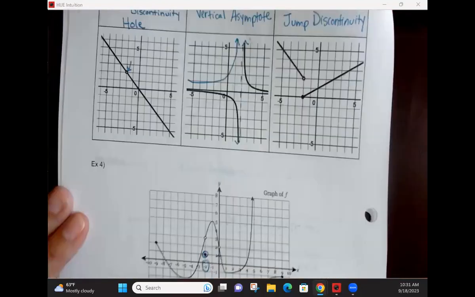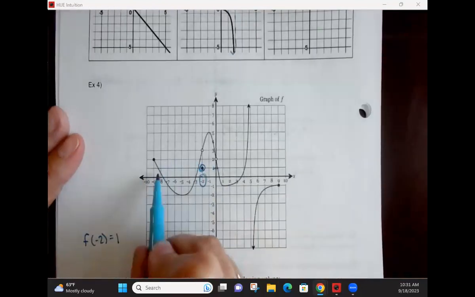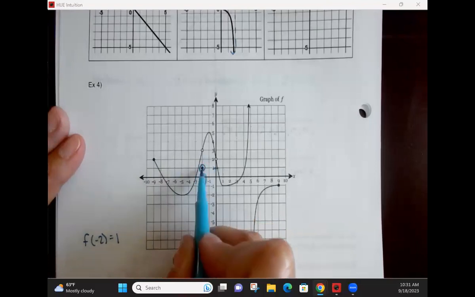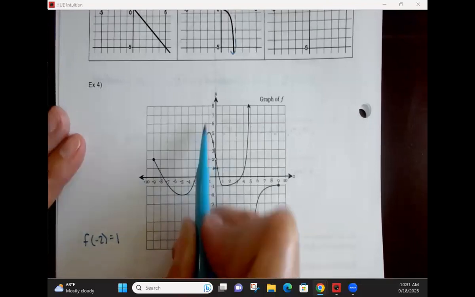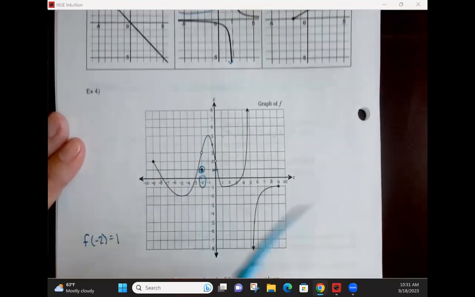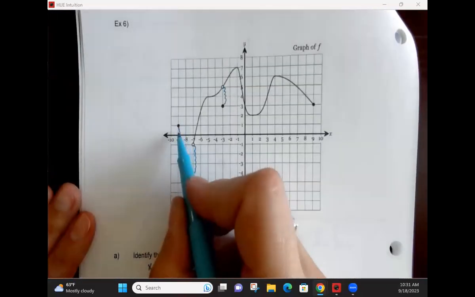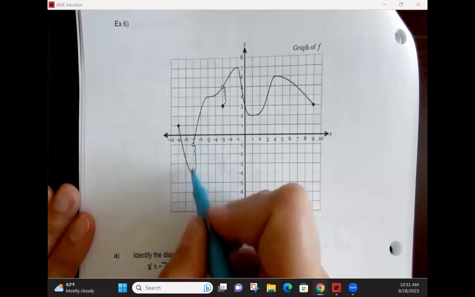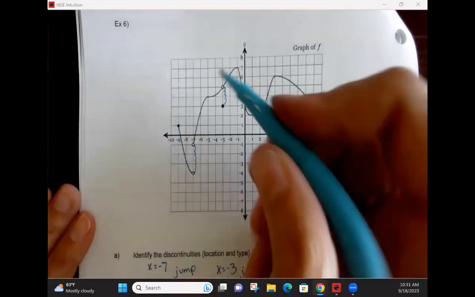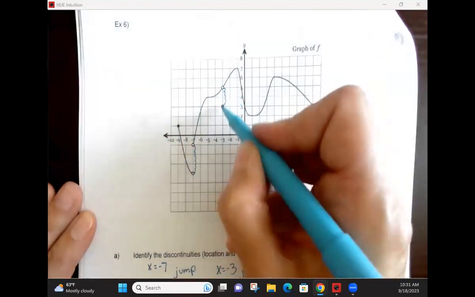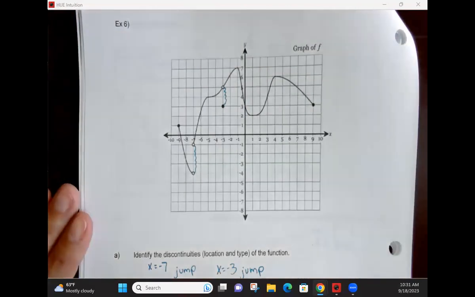That's a jump. Jump is anytime I'm chugging along and then very abruptly my graph moves to a different spot vertically. So that's why we would call this a jump, because I'm moving along and then all of a sudden I have a big vertical change, and then moving along and all of a sudden I have a vertical change. Those are jumps.